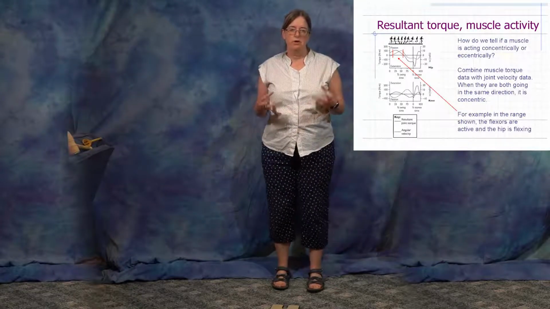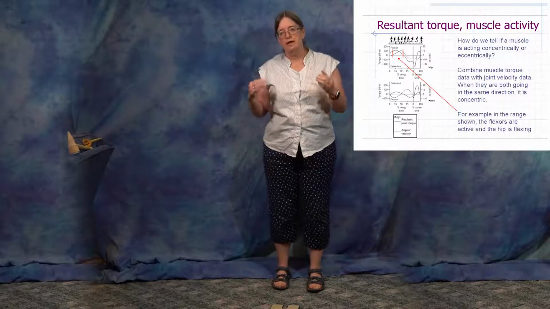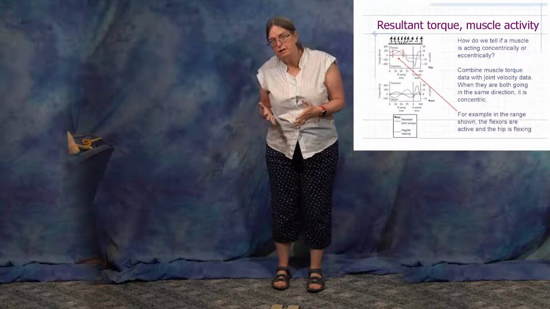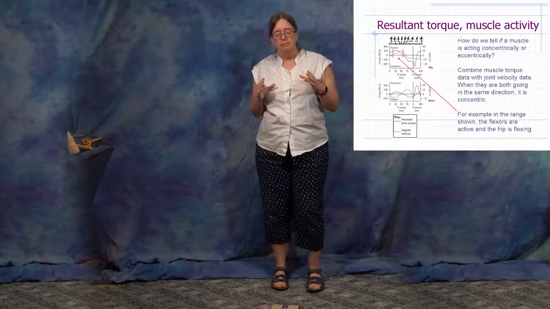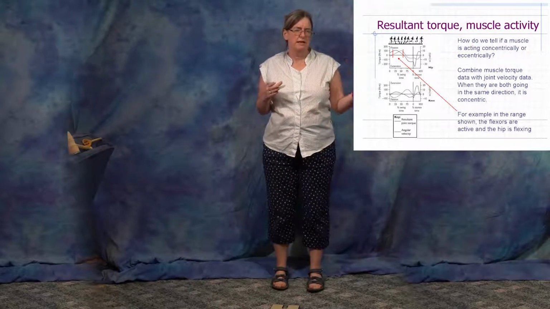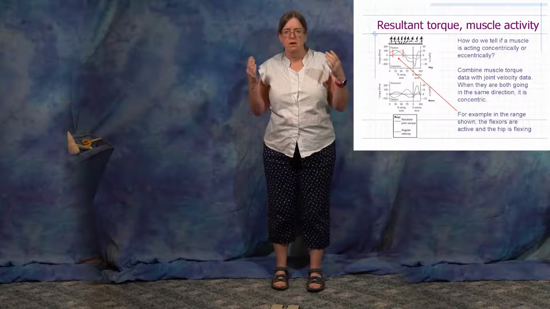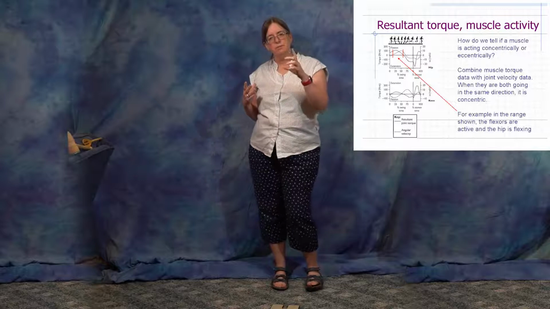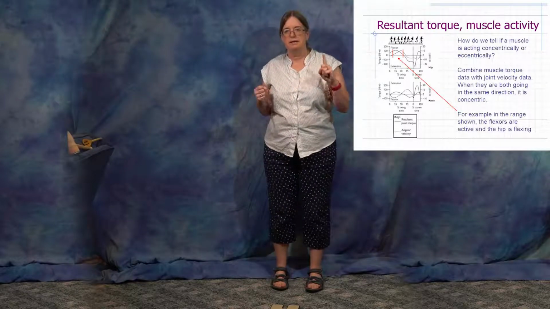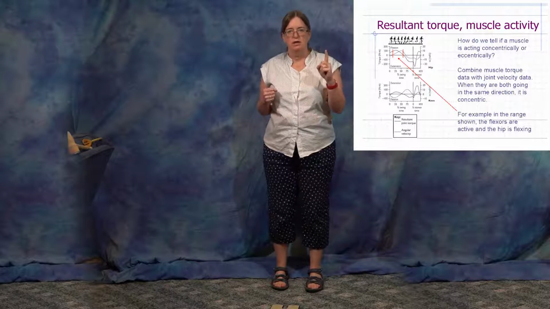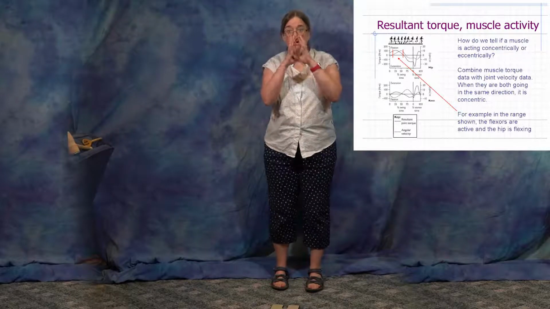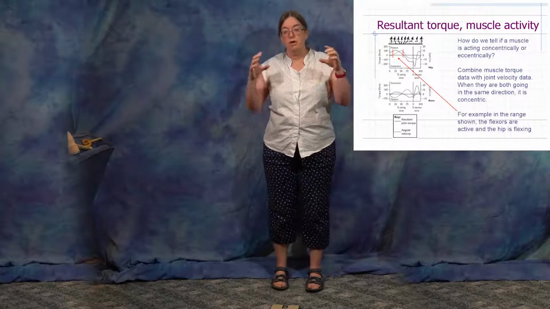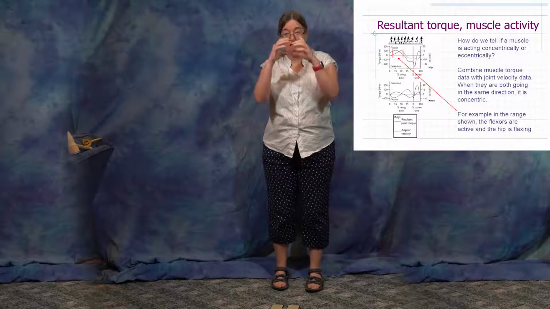Next thing, we know which muscle is agonist. We know the agonist muscle has to be on, and the antagonist muscle doesn't have to be on. But is the muscle that is on acting eccentrically or concentrically? To figure that part out, we need more information because remember, for a muscle to be concentric or eccentric, it needs to be either shortening or lengthening, right? So we not only need to know whether it's on or not, because that tells us that it's active.